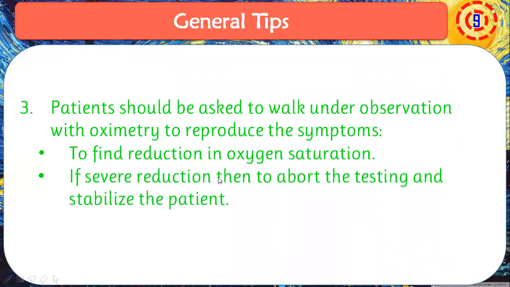And if there occurs a severe reduction of oxygen concentration in the blood when the patient is walking or performing any other kind of exercise, then we have to immediately abort the observation and stabilize the patient. That will also help us prevent the emergency of decreased oxygen saturation, because normally we cannot just look at the patient and say that the saturation of oxygen is decreasing or increasing. So that is helped by the use of pulse oximetry along with exercise and observation.